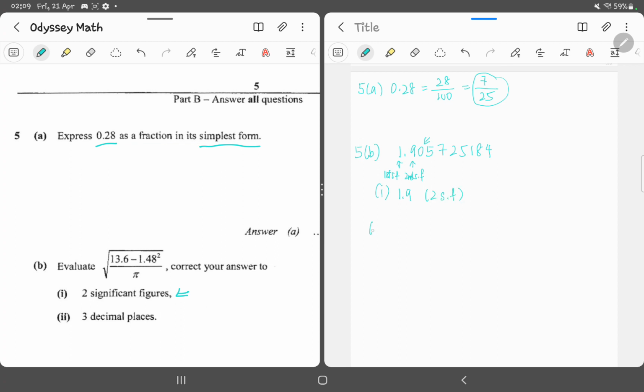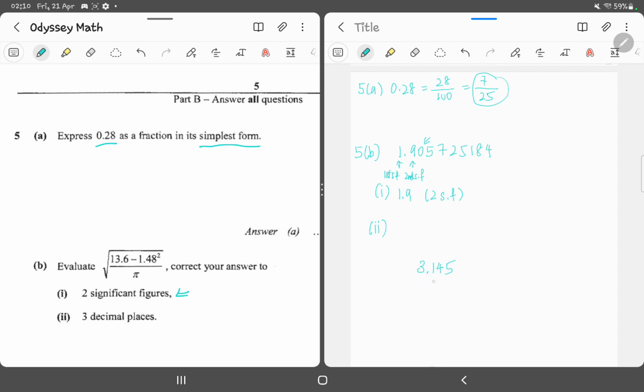Okay, so for part ii over here, decimal place is easier to remember. So when will it be the first decimal place? So this is 3.145. The first decimal place is always the number after the dot. I want you to remember that. So the number after the dot will be the first decimal place.